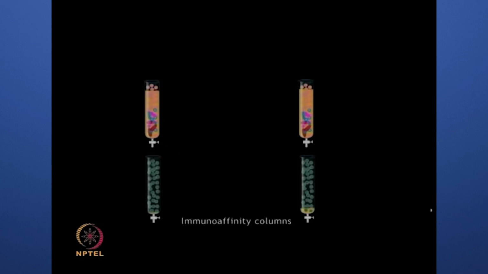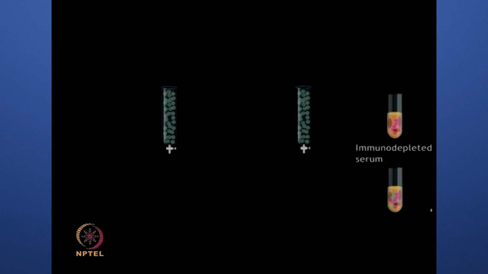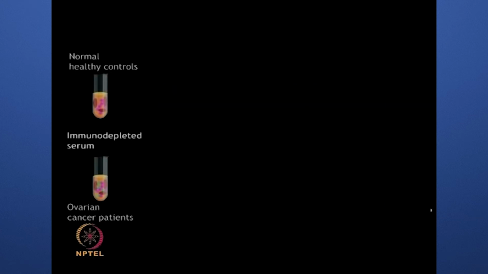So, serum samples of control and cancer patients were first depleted using a multiple affinity removal system to carry out immunodepletion of the serum samples from normal controls and ovarian cancer samples. This step helped in removing the high abundance proteins, leaving behind only the medium and low abundance proteins for iTRAQ analysis.